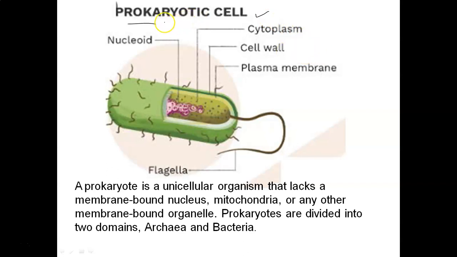This is taken as the main basis of classification of all the living kingdoms, which is used by Whittaker, and it is there in the next coming chapter in your book. Whittaker also used the presence or absence of the nuclear membrane and nucleolus as the first basis of classification.